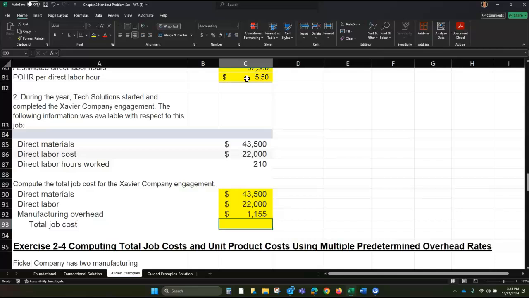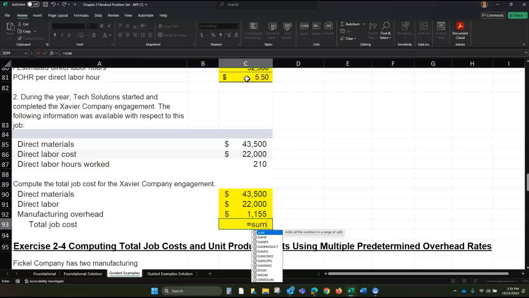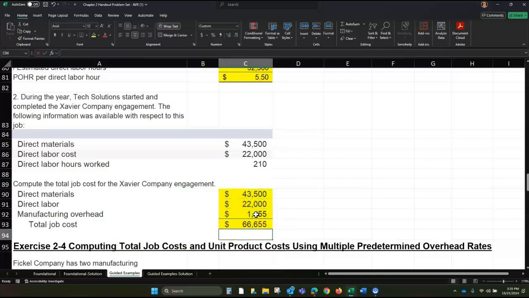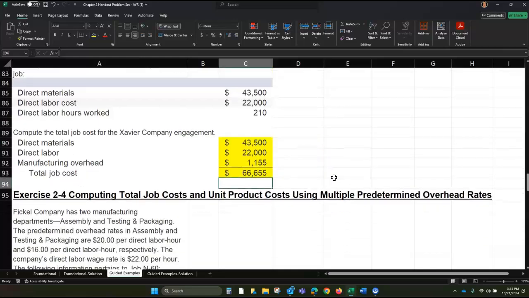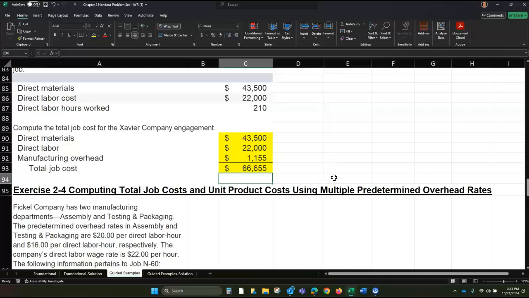And again, the total job cost is the sum of all three. Direct materials, direct labor, easy peasy. It's this overhead application stuff that gets a little bit more complicated. All right. Any questions on that one?